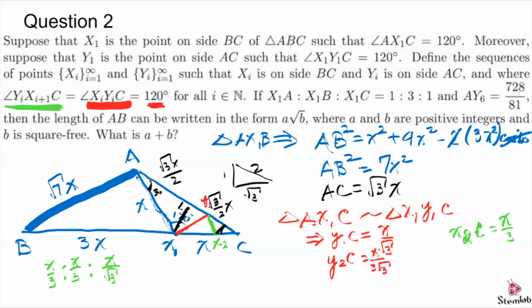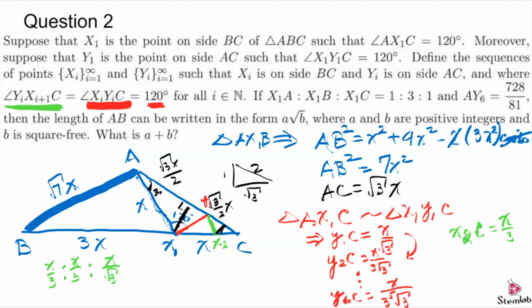And if you follow this, we just keep dividing by root 3 as we bounce from y sub 2c to x sub 3c, and so on and so forth. So every time we hit the next y, we're dividing by 3. So if you just follow that, then y6c is no more than x all over 3 to the 5th times root 3.